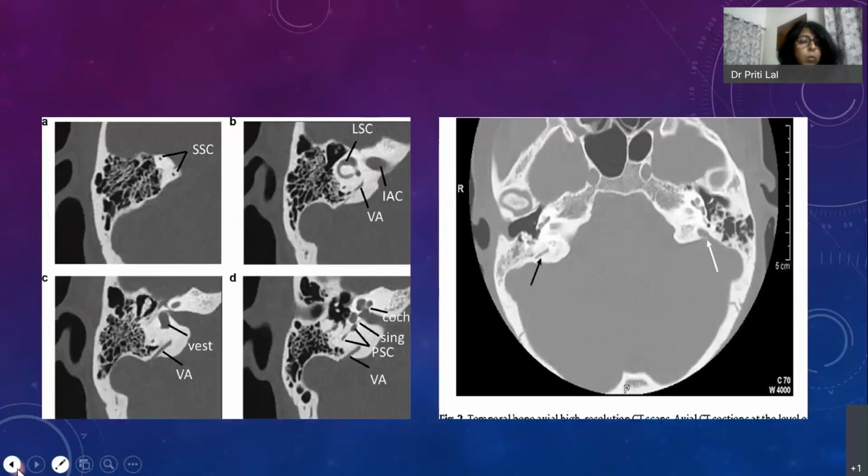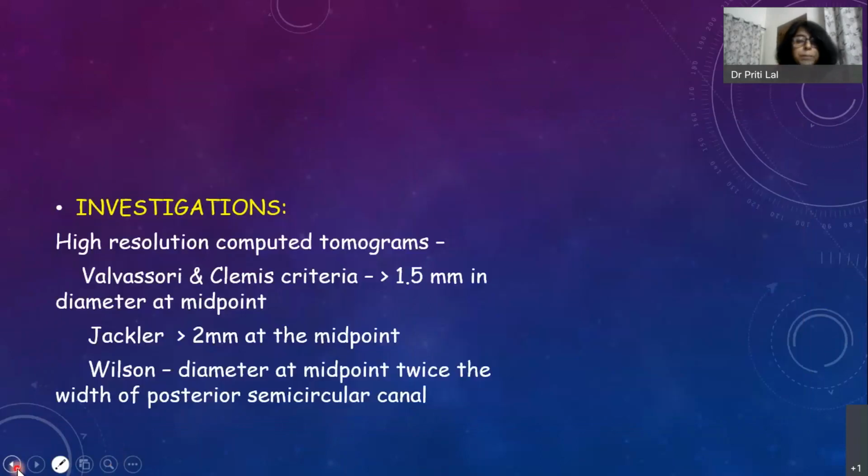Now, what is a widened vestibular aqueduct? Various criteria have been given, but the most widely used is that proposed by Valvassori and Clemis, who said that an aqueduct which measures more than 1.5 millimeters in diameter at its midpoint on the HRCT is a widened vestibular aqueduct.